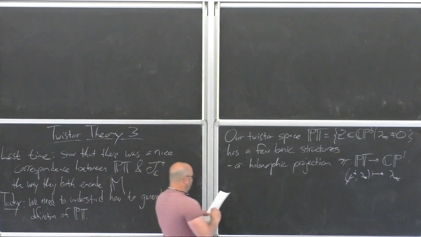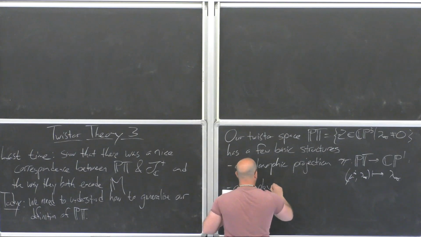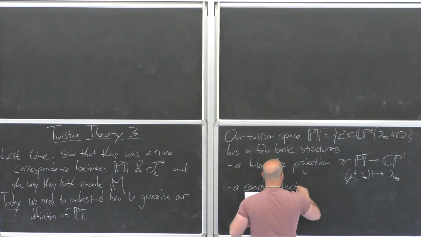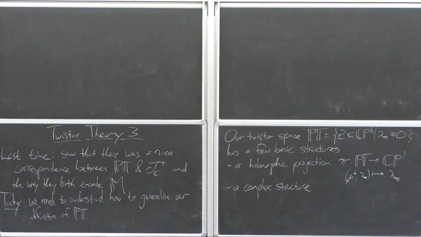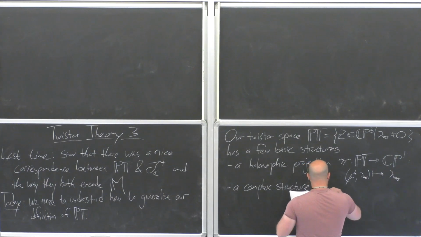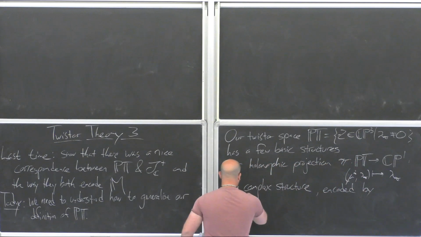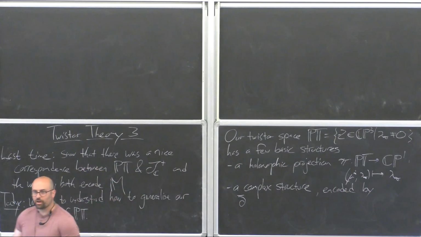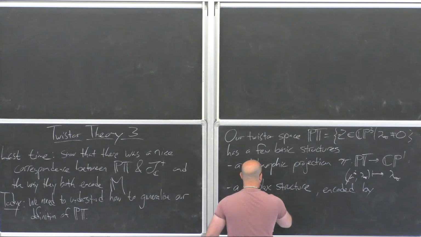Okay? We also had a complex structure. What did I mean by this? All I mean is that I've been saying to you, oh, this thing's holomorphic, that thing's holomorphic. All a complex structure is, is a consistent way to say what's holomorphic and what's not holomorphic. So this thing is encoded by this differential operator d bar that we wrote down, the anti-holomorphic Dolbeault operator. And we always assumed that this was just the obvious thing inherited from CP3.